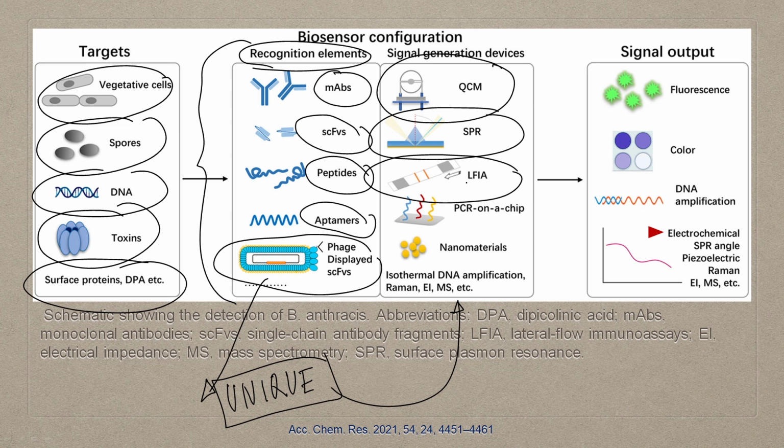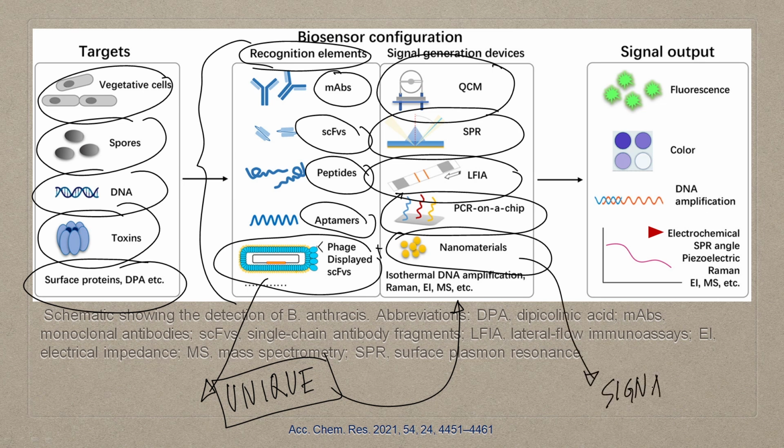Polymerase chain reaction on a chip, PCR on a chip. Then you are using different kinds of nanomaterials which conjugate with these different recognition elements and give you some kind of a signature which is unique to this situation. So, different kinds of nanomaterials are being used.